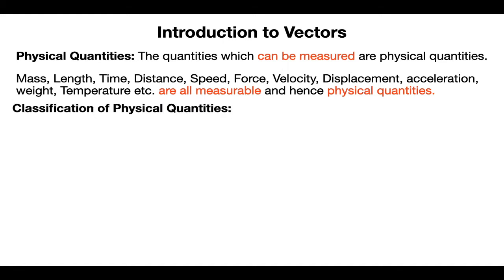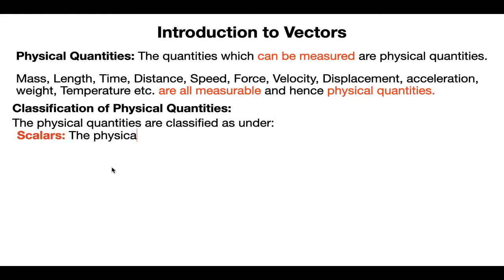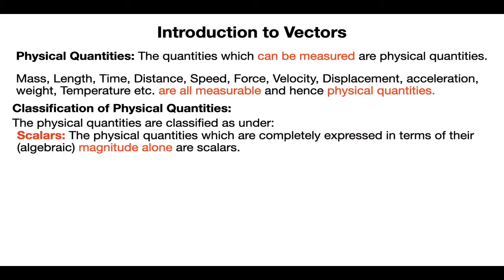The classification of physical quantities. There are different ways of classification of physical quantities. In today's lesson, we will classify these physical quantities into scalars and vectors. Scalars are the physical quantities which are completely expressed in terms of their magnitude alone. There is no sense of direction associated with scalars.